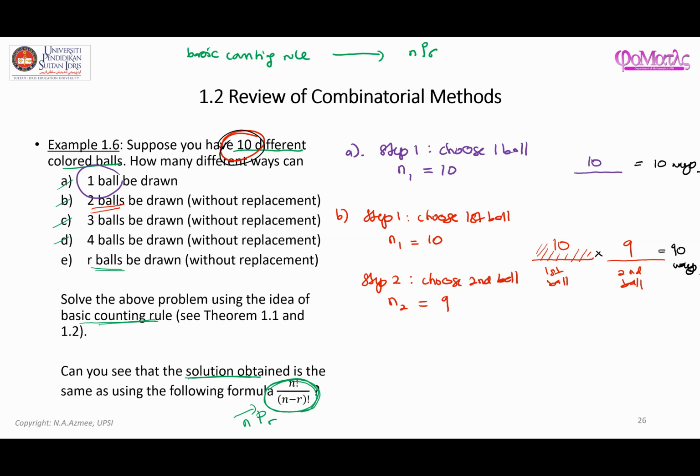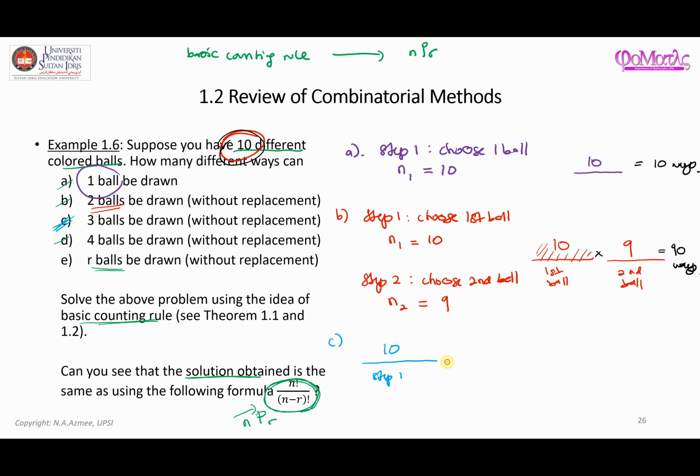All right, let's look at the next question, which is question C here. So for question C, we are going to follow the same idea. So this is step 1, we're going to choose the first ball. So you have 10 options altogether.